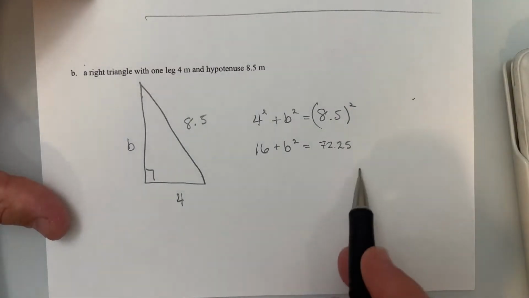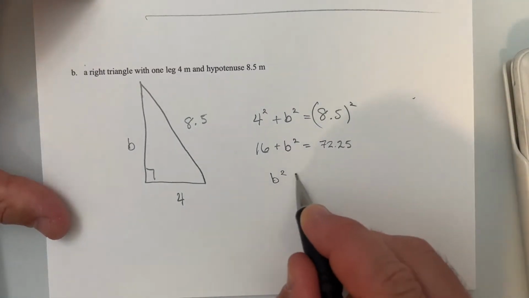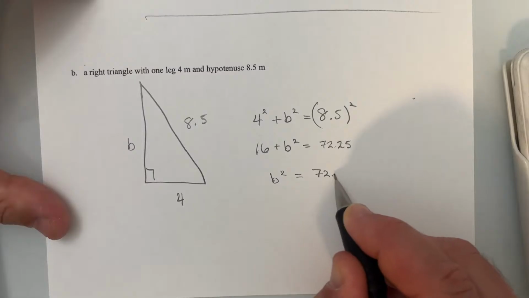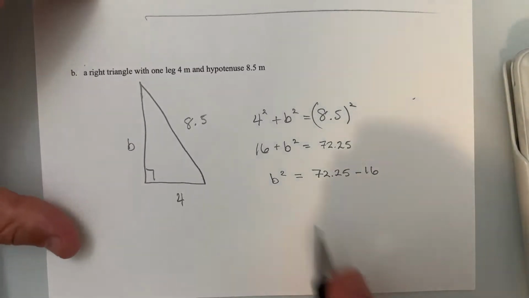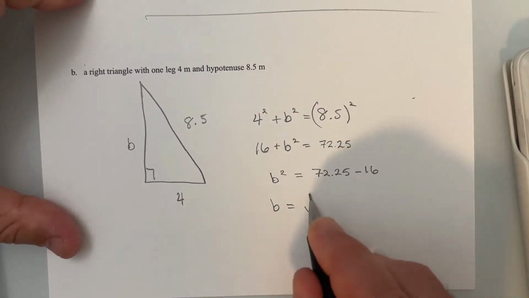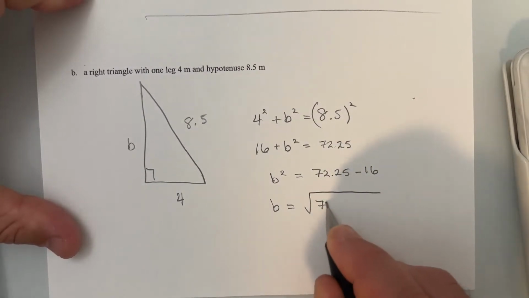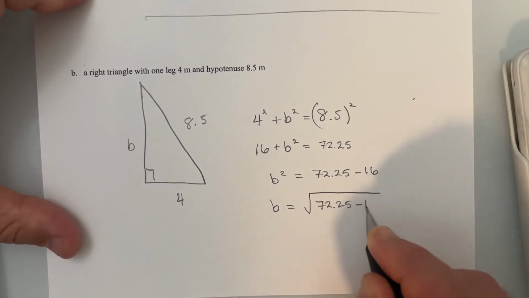Okay, so subtract over. So b squared is 72.25 minus 16. Take a square root of that. So b is the square root of 72.25 minus 16.